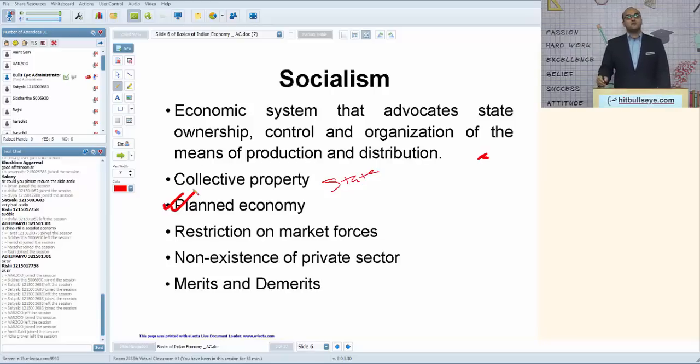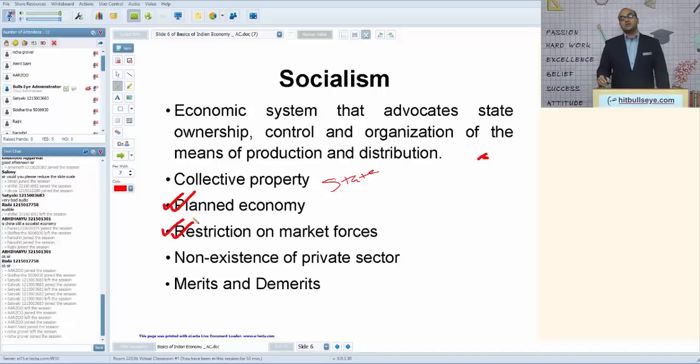There is a huge amount of restriction on market forces. So people are not actually free to produce whatever they want to, or in fact consume whatever they want to. Again, as we already understand, there is absolutely no room for private property or the private sector in a socialist economy.